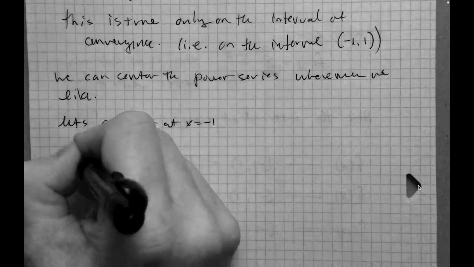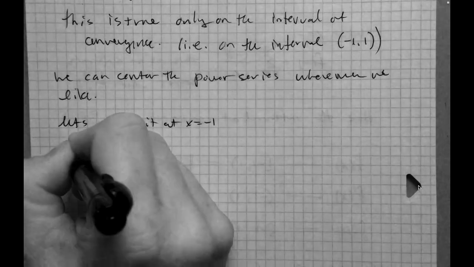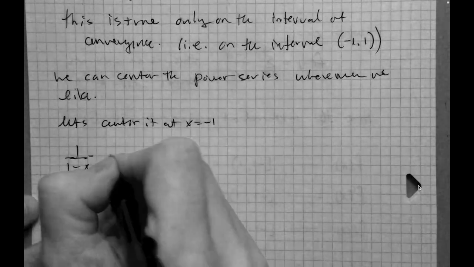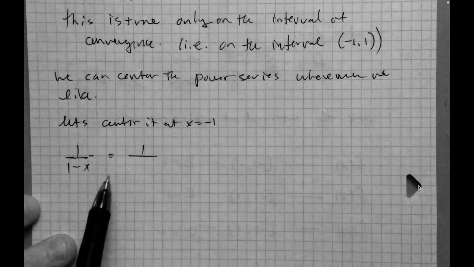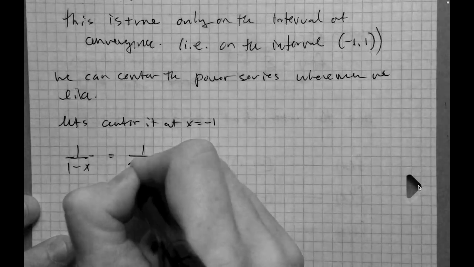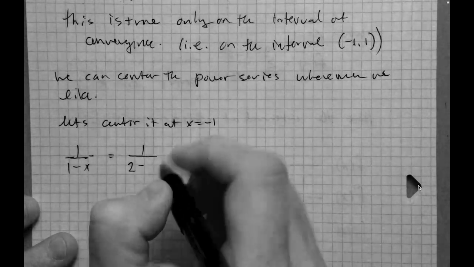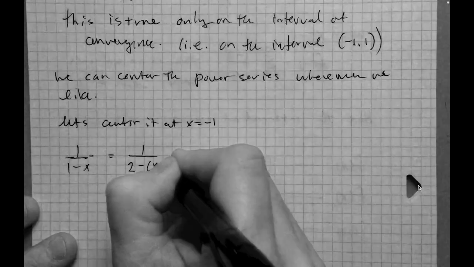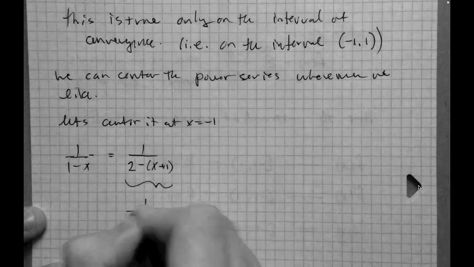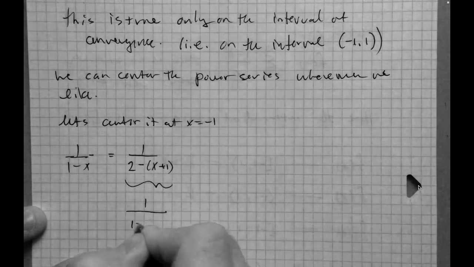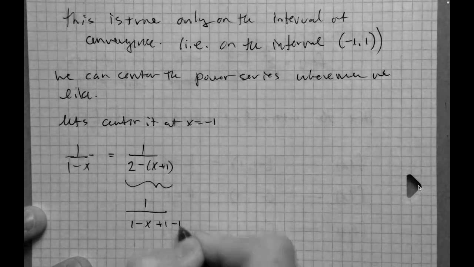For that we'd write 1 over 1 minus x as equal to 1 over, and what I'm going to do is add and subtract 1 from the bottom, so it'll be 2 minus x plus 1. Just to keep track, this is 1 over 1 minus x, and then I say plus 1 minus 1.